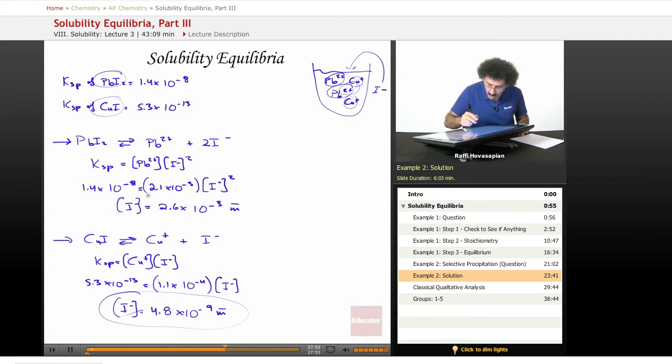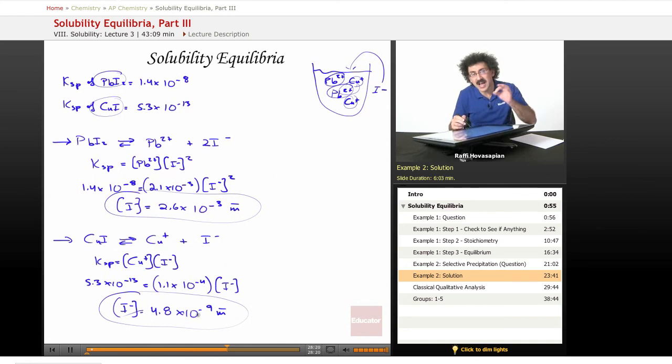Okay, here we go. Here are the two numbers that we need to compare now. As we add iodide to this solution that has lead floating around and copper floating around, these calculations based on the KSP expression tell me that when the concentration of iodide I have added equals 4.8 times 10 to the negative 9 molarity, copper iodide will start to precipitate as a solid.